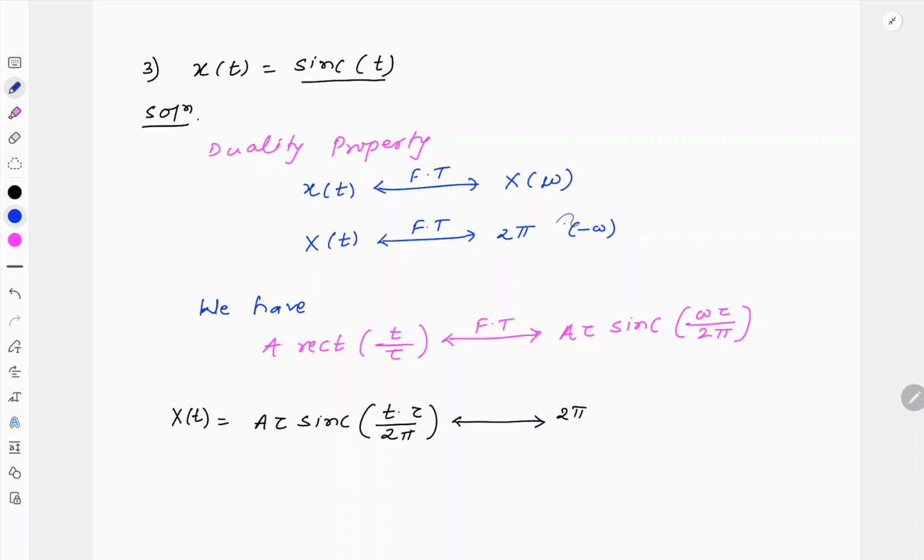Here it is not delta, it is actually x of minus omega, which will be equal to 2 pi into a rect of, t replaced by minus omega upon 2. Now towards the left hand side we need to simplify the term and make it simply sinc of t.